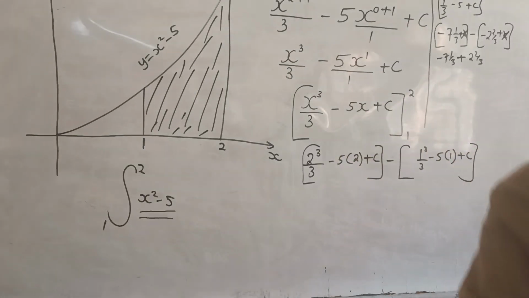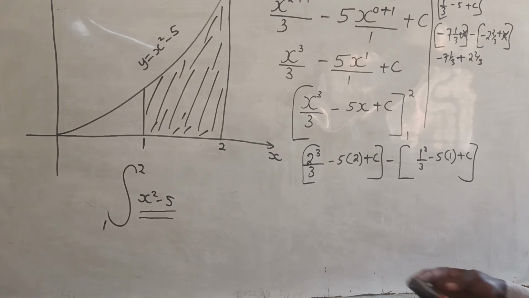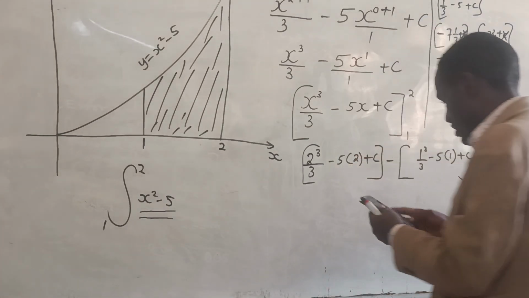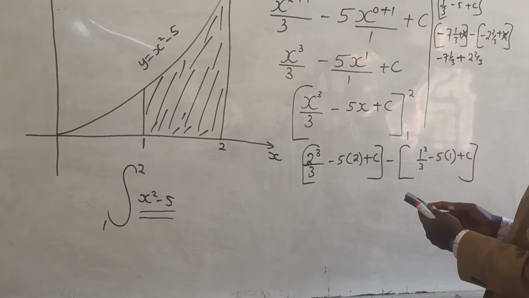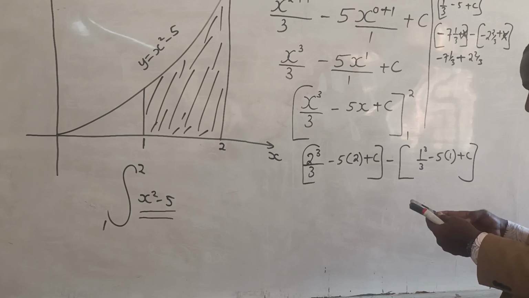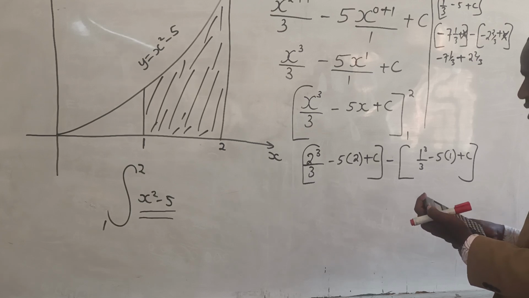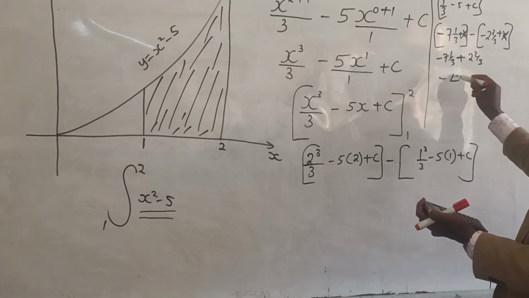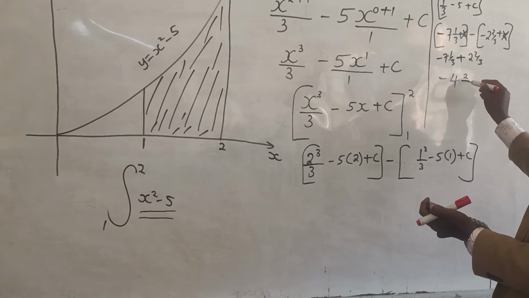Let me get my calculator. We have negative 7 and 1 over 3 plus 2 and 2 over 3. That is minus 4 and 2 over 3.